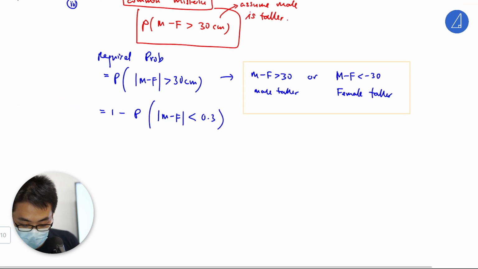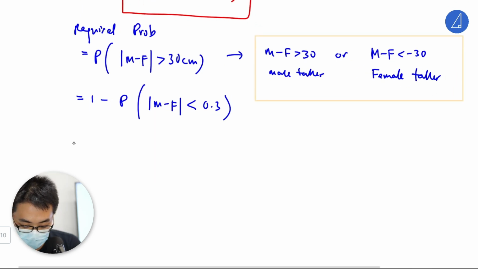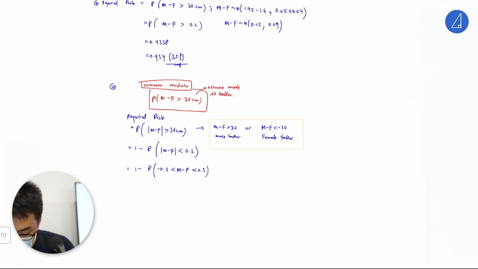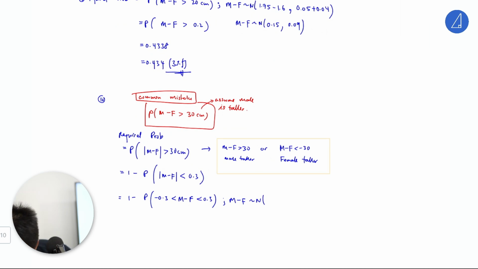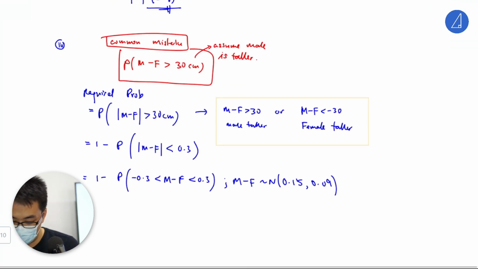Then you can just get, I think M minus F is the same distribution as previously, right? Okay. Yeah.